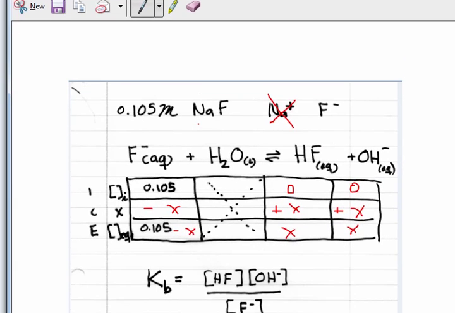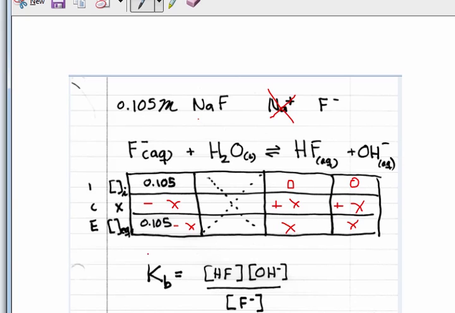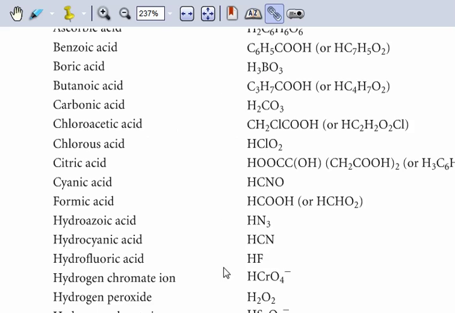Now, to be able to solve for x, we need to know what our Kb value is. Here's the equilibrium expression, but we need an actual value for Kb. And here is Appendix D. Hydrofluoric acid is the conjugate acid of fluoride.